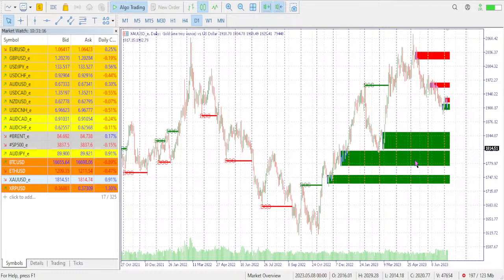We have another one here, another one here, and another one here. Then we have a resistance here, a resistance here, and a resistance here. So if the price breaks below this green zone, it will be a good sign for a sell up to the next level. If the price breaks above this zone, it will be a good sign that we're now upwards up to this zone. If this is broken, the next target is this one here.